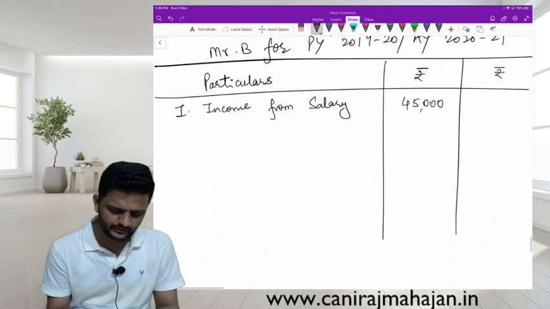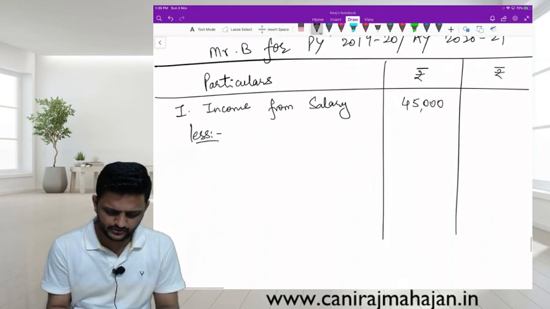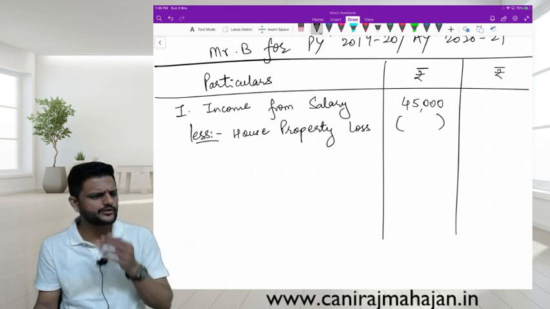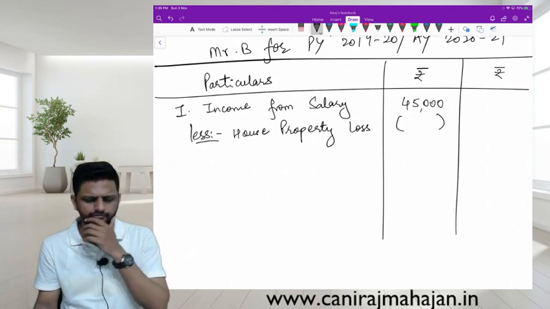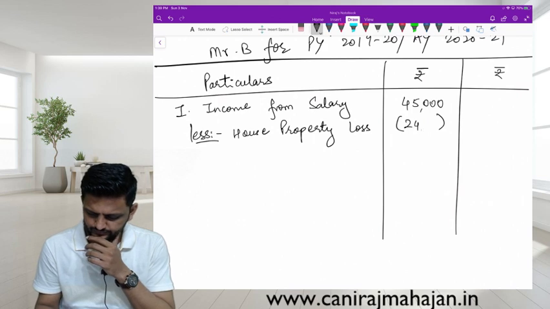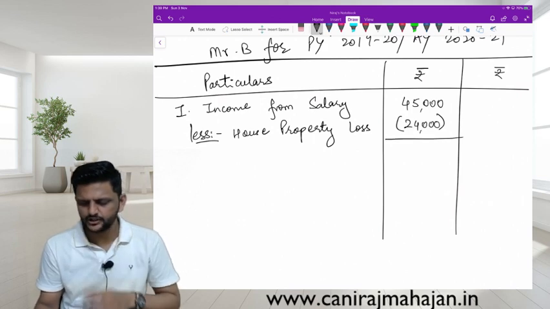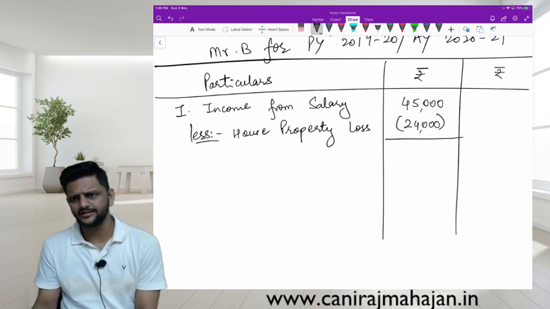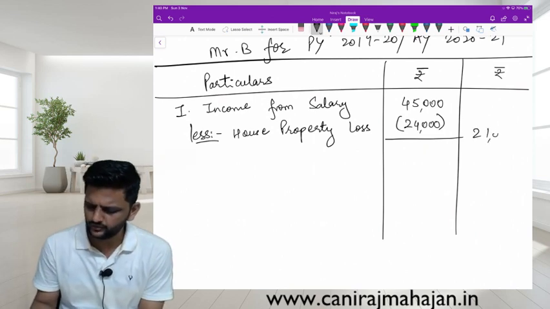Salary allows only HP loss. House property loss is how much? 24,000. Salary is 21,000 now. As salary cannot take anyone else, we'll put it in the outer column now.